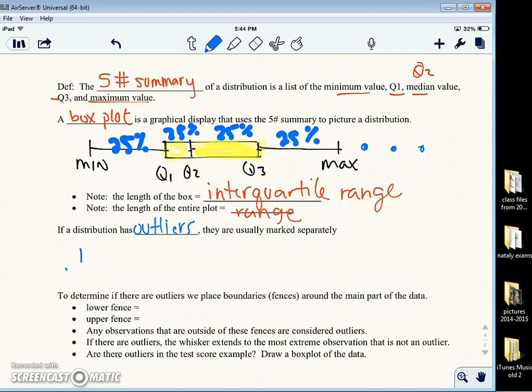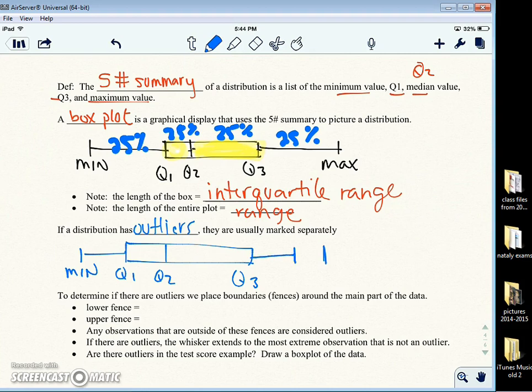So instead of this, this might be the min, Q1, Q2, Q3, and if the max was right here, but we had an outlier, the max was actually an outlier, we'd go to the next one in, and that would become the max. And this high number that was too high, and I'll tell you how to tell, becomes an outlier. Okay, so box plot, modified box plot.